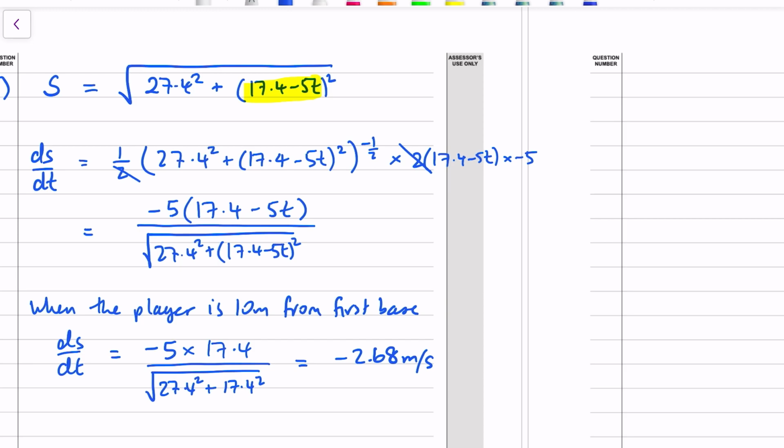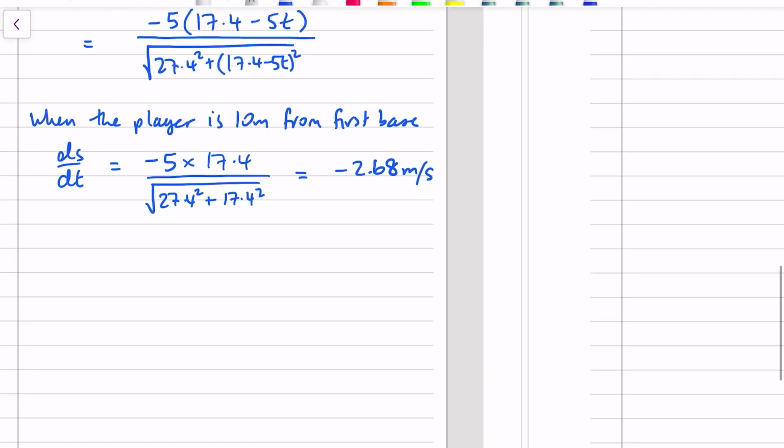Another way is to use related rates, as I mentioned from the outset. If you have that triangle, which looks kind of like that, and that was 27.4, and this side here was x, and if we don't write x as a function of time, that's okay. We can call this s.